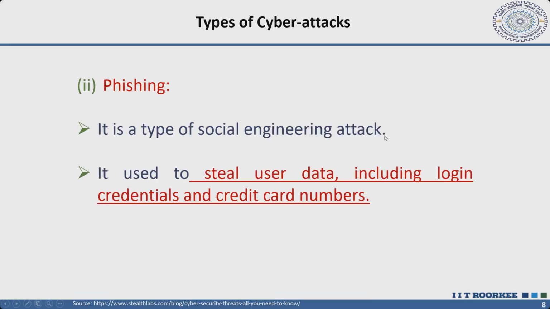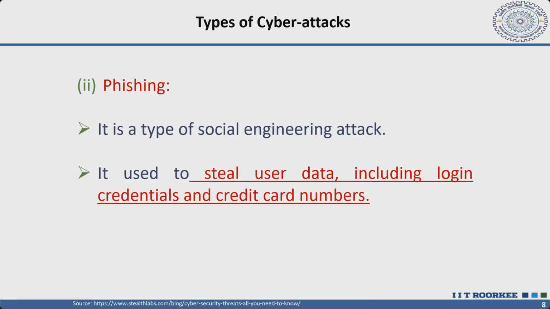The second type of attack is the phishing type of attack. This type of attack is usually a social engineering attack, and it is usually done by sending an email. We know that even though we have a Cisco system at IIT Roorkee, we are getting several emails. Sometimes you get emails from the head of the department also, but it seems that they are not the actual mails sent by the head of the department.